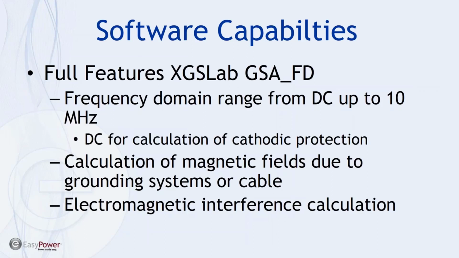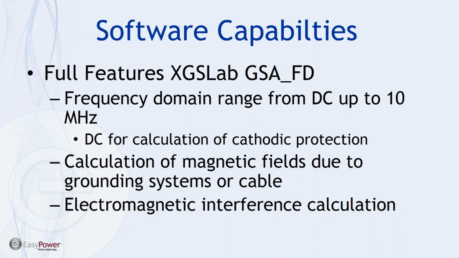So more full features of that second level module is that again, we can do frequencies that aren't just power frequency. Generally, the range is up to about 10 megahertz with some accuracy. You can use it for DC calculations for cathodic protection. You can use it for calculation of magnetic fields caused by your grounding systems or cable.